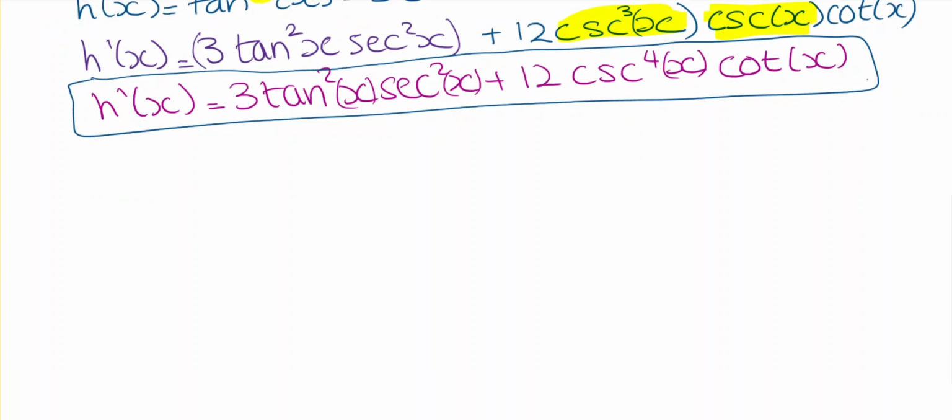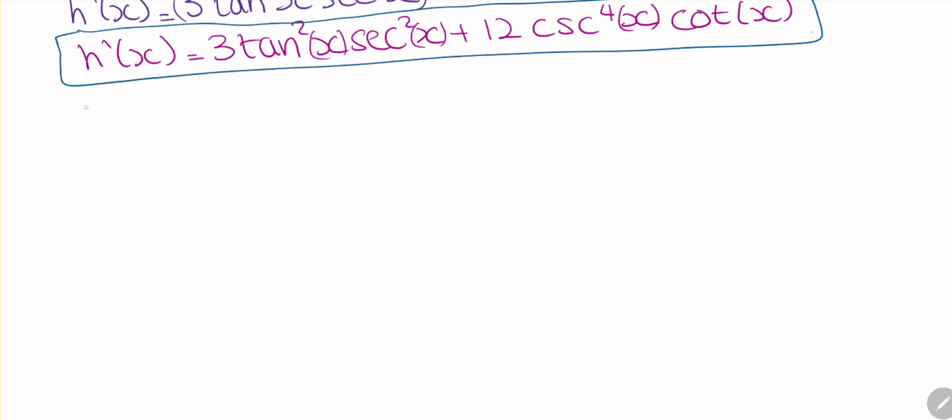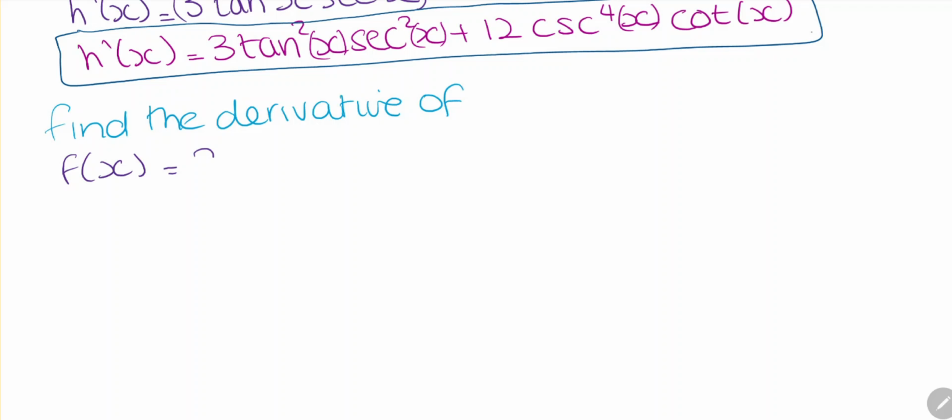So let's have a look at another one like that. Find the derivative of f of x is 2x cosine of 3x cubed.